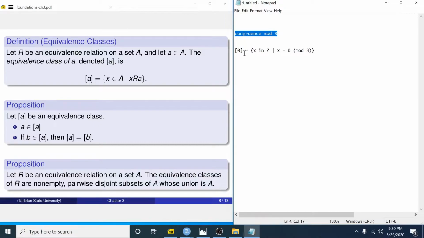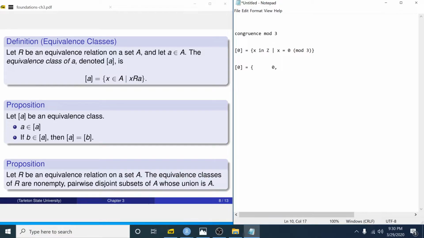The relation we're talking about right now is congruence mod 3, and I want to know, for the number 0, what is its equivalence class? It is the set of all x in the integers that are congruent to 0 mod 3, and it's pretty easy to write these down. Of course, 0 is congruent to itself mod 3.